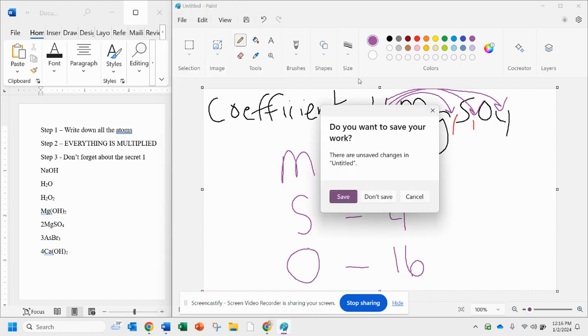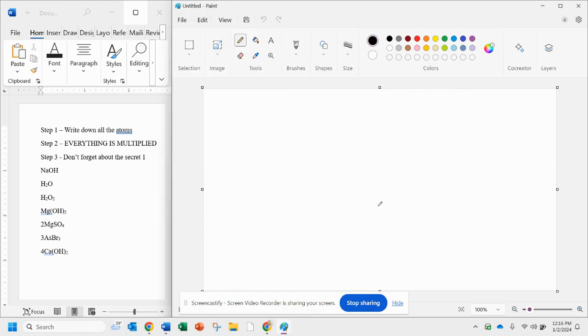Okay, let's try it again. And we're going to actually try to copy down what I planned out to do. Arsenic bromide, here we go. And again, we're going to put in our secret ones. You don't need to do that if you know that there's a secret one there. And we're going to multiply. Oh, we got a step one. Oh dear.